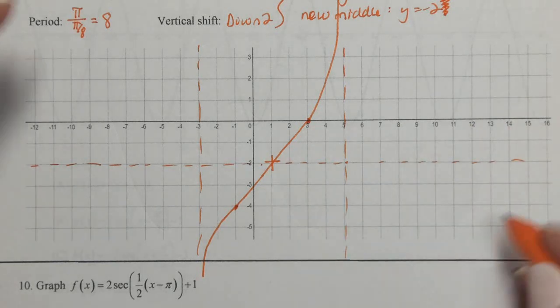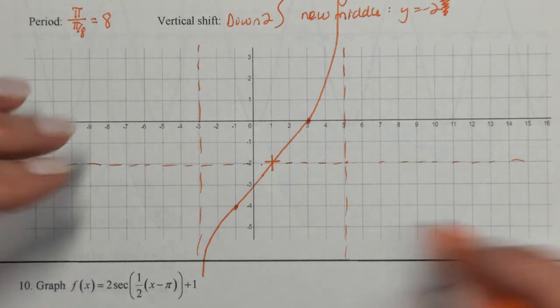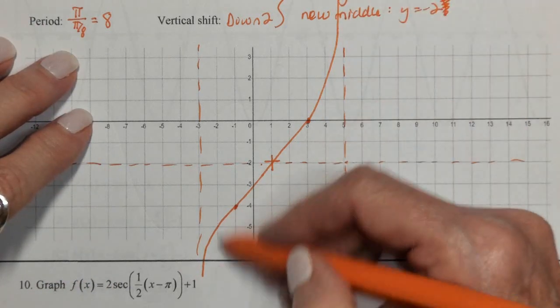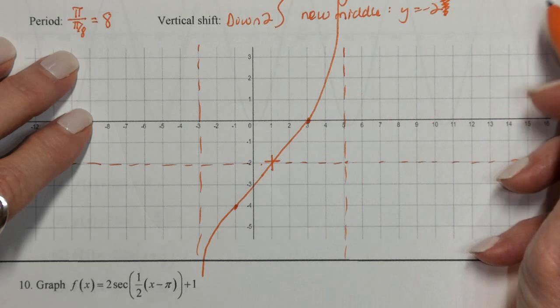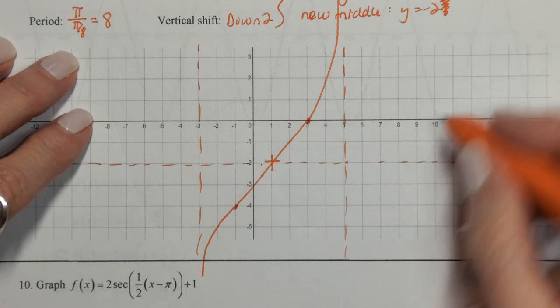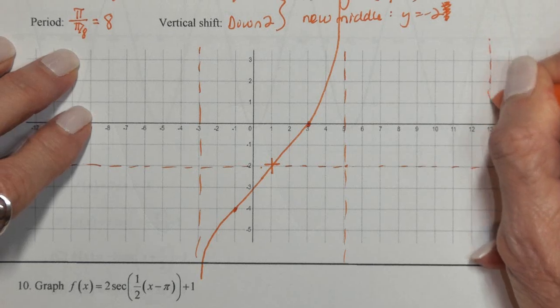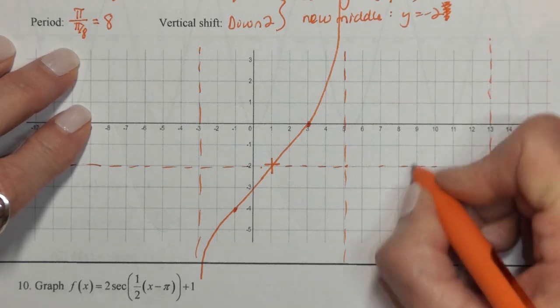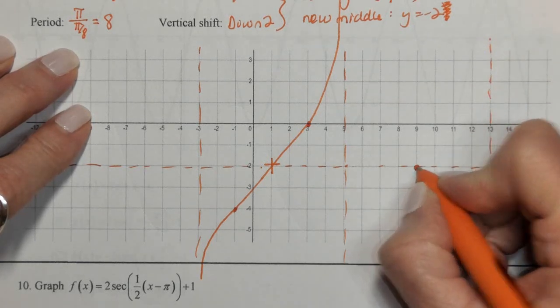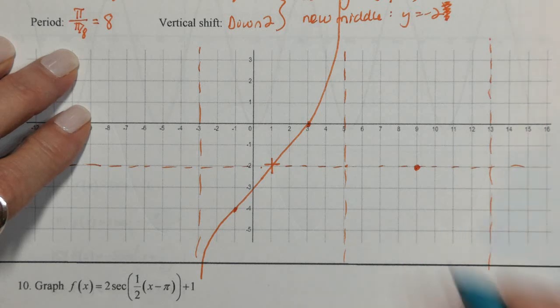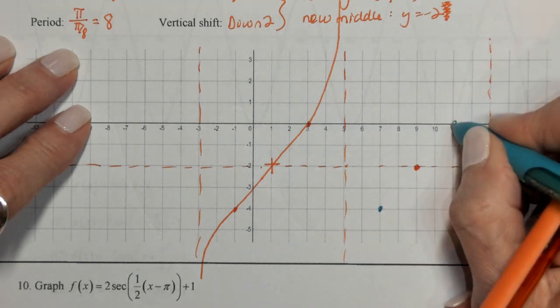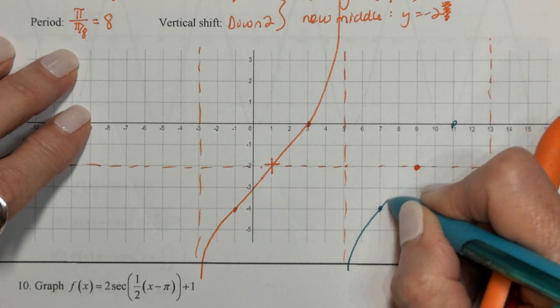Okay, let's do our other leg. This is the first arm, one period of this curve. So 8 units away from 5, we'd have another vertical asymptote. Halfway through, we're at the origin. We'll do these 2 and negative 2 again.